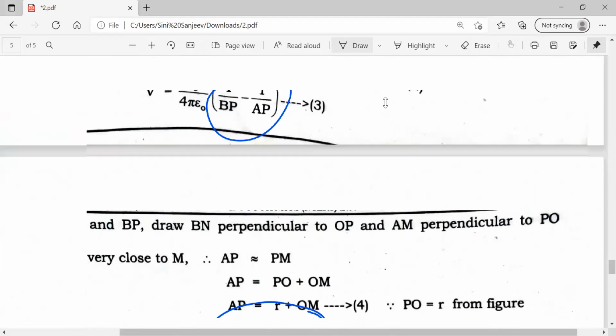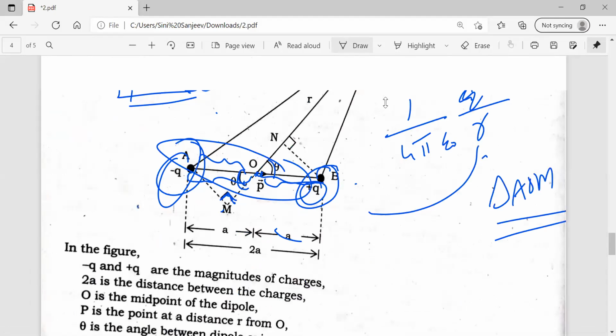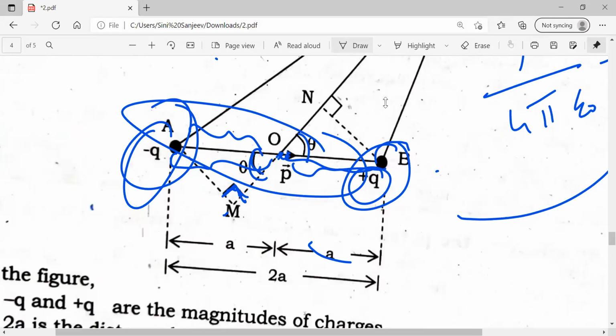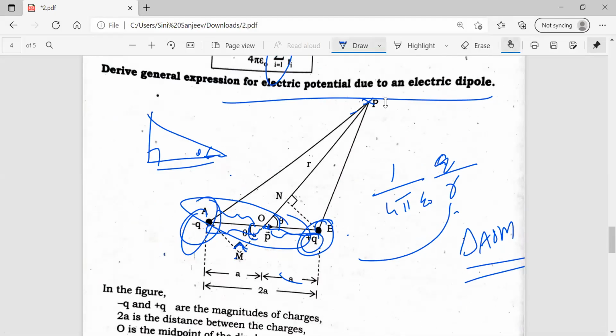I think one friend has given me OM by AM. See, coming to the AM part here, theta is this particular part. If I'm taking the triangle ABC, cos theta is always BC by AC.